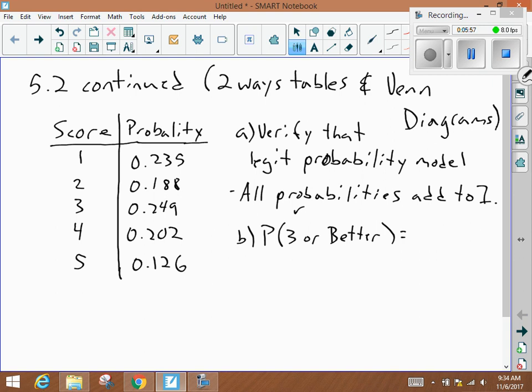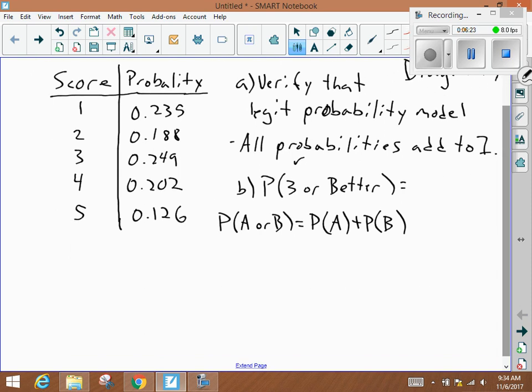So then, remember we have the rule for mutually exclusive events, that probability of A or B is equal to the probability of A plus the probability of B. So what that means is that in this case we have 3 particular events occurring, right?